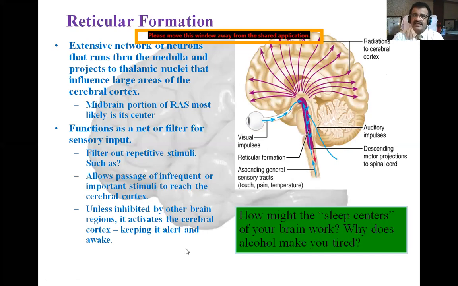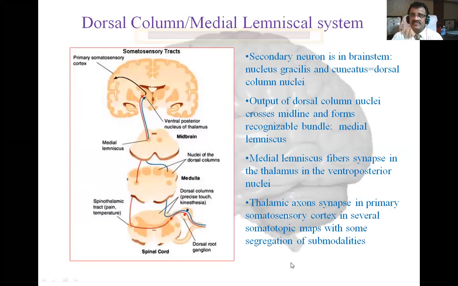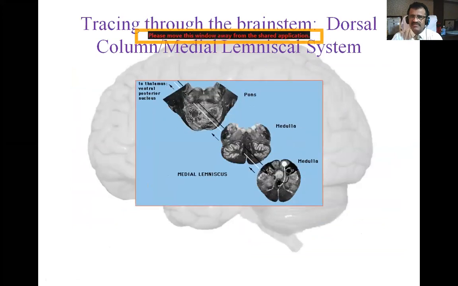And here you can see the reticular system, because the reticular formation is located in the brain stem, so I'm showing it to you again. And these are the dorsal column and medial lemniscus system, which is present in the midbrain. This is tracing through the brain stem. This is mostly the physiology part.